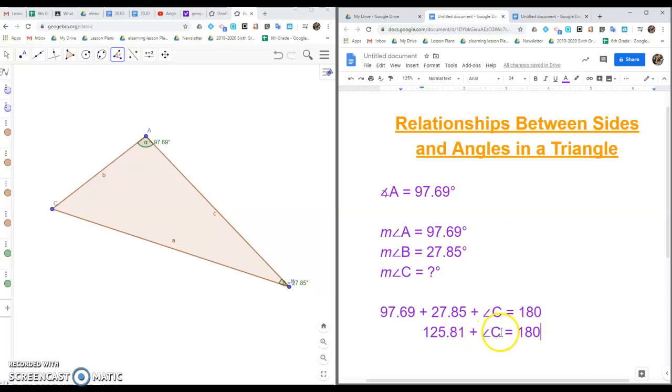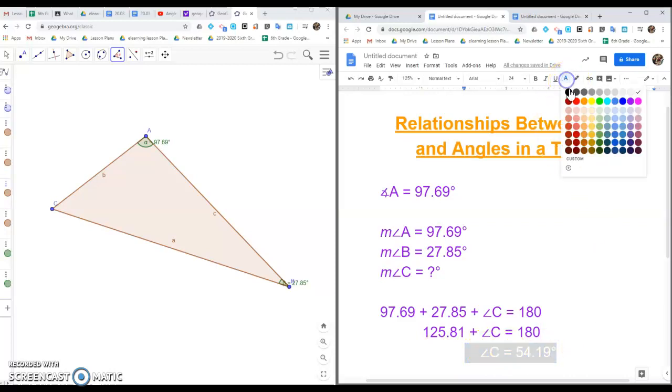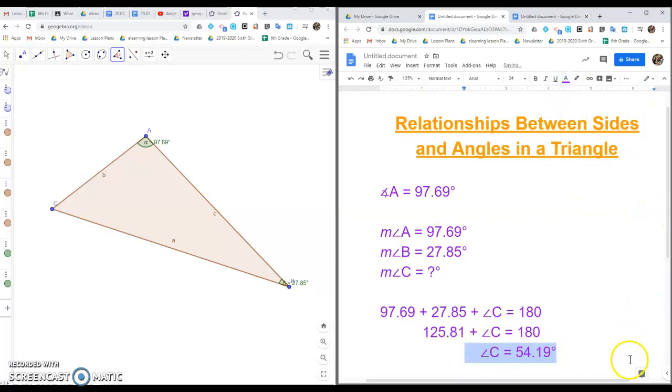Now we need to solve for angle C. So we're going to subtract 125.81 from both sides. Oops, I made a miscalculation here, so I fixed it.